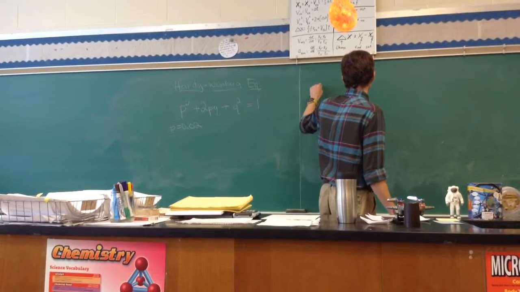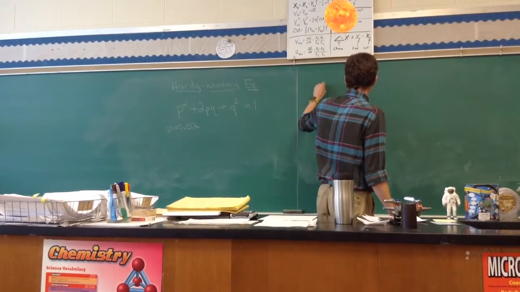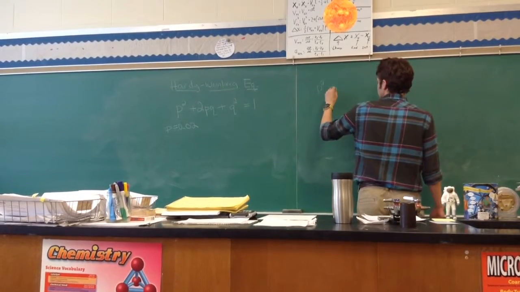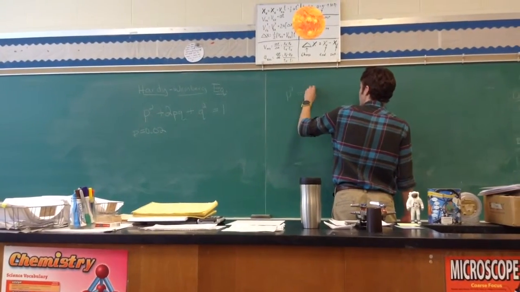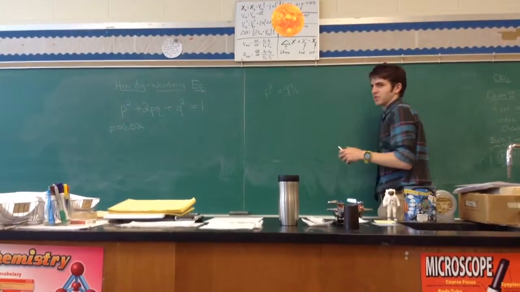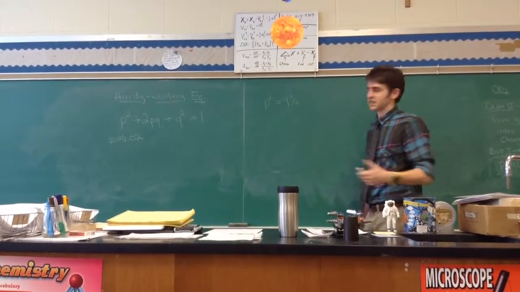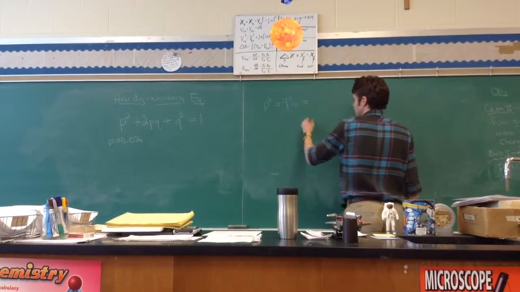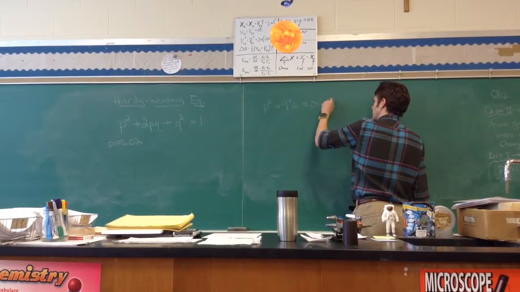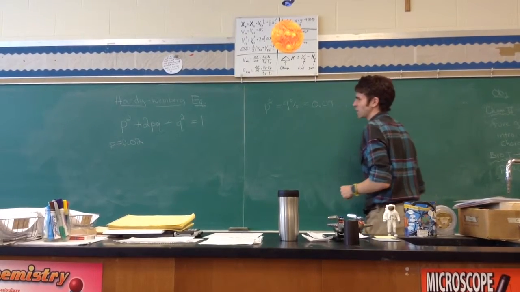Didn't we say that P squared equals 0.09? Right. So we said that P squared then was 9%. And again, just so we're aware, this is from our example in our last class. Converting that into a decimal version, we get 0.09. So that was our P squared value.